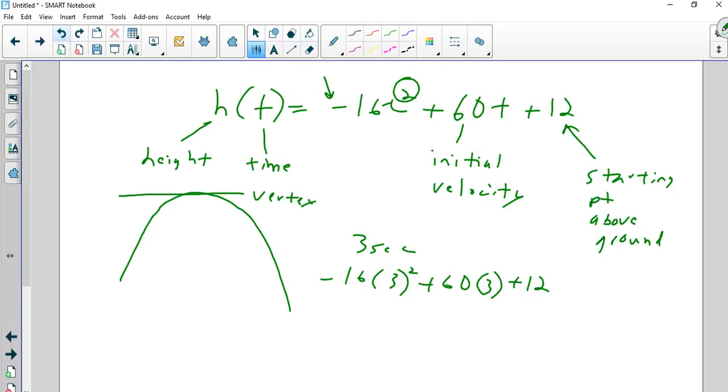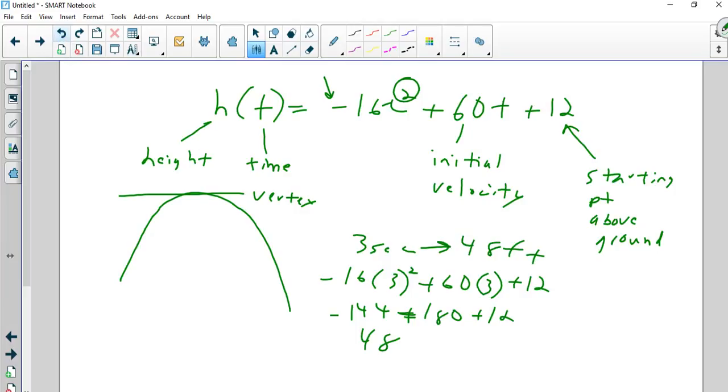And then do 9 times negative 16, which is negative 144, plus 60 times 3, which is 180, plus 12. So that's 192 minus 144. Which is 48. Which means in 3 seconds, you'll be at 48 feet.